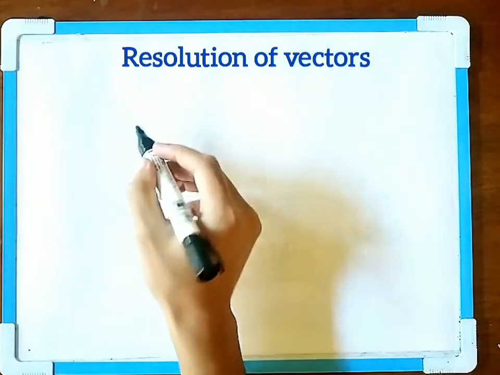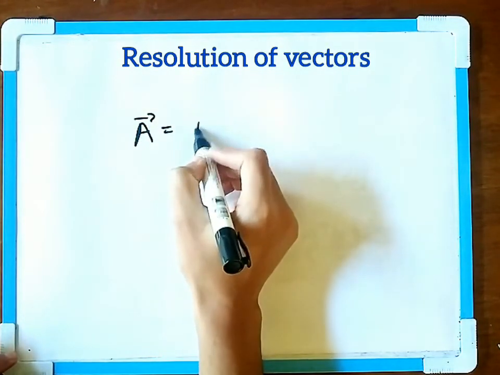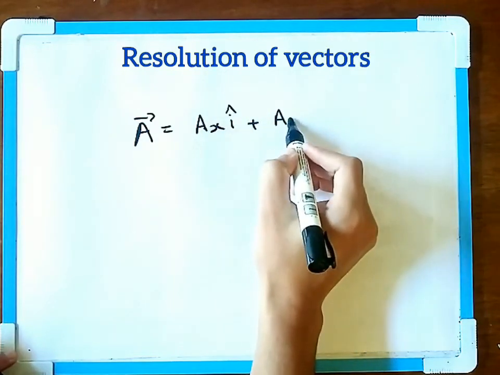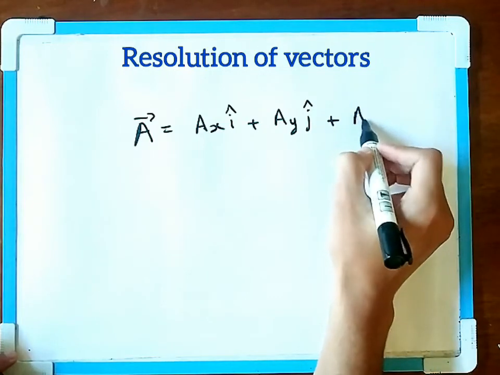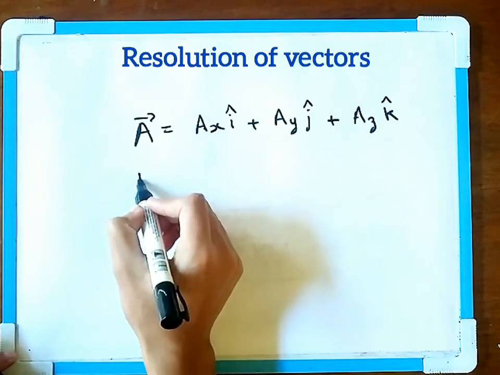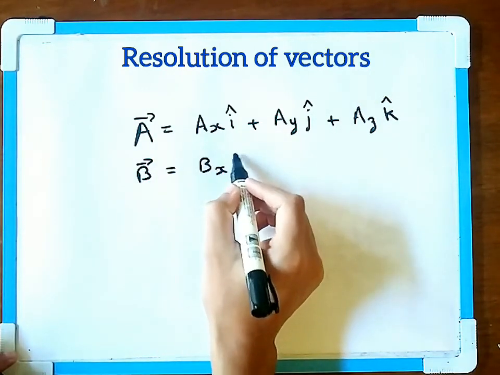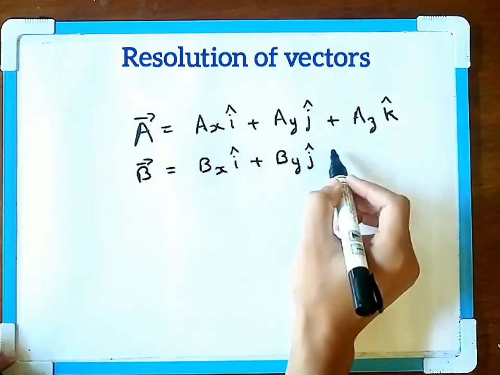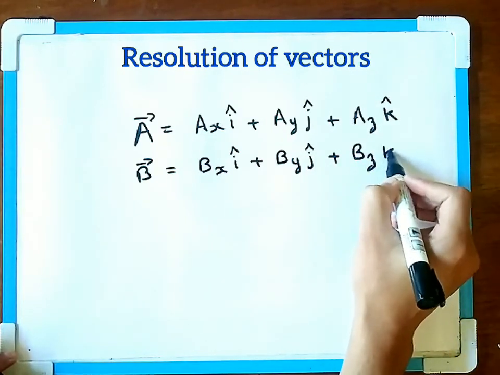Now if we have two vectors, again A vector which is equal to Ax i cap plus Ay j cap plus Az k cap, and B vector equal to Bx i cap plus By j cap plus Bz k cap.